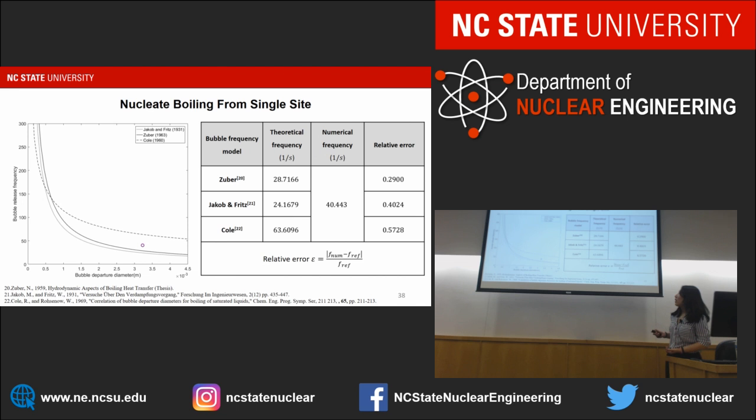The reason I use this correlation here is that sometimes it's hard to find experiment data in the literature to compare with. So the next step is to contact some experiment groups and get more data from them, so we could do direct comparison.